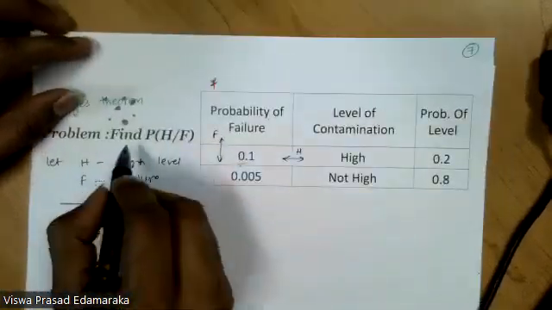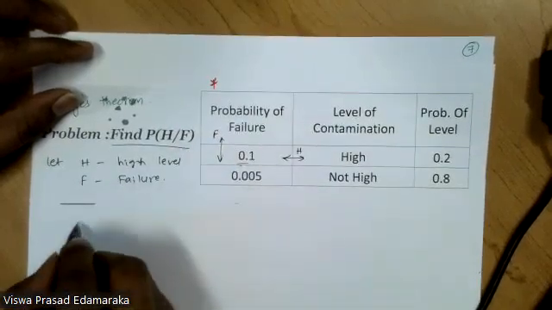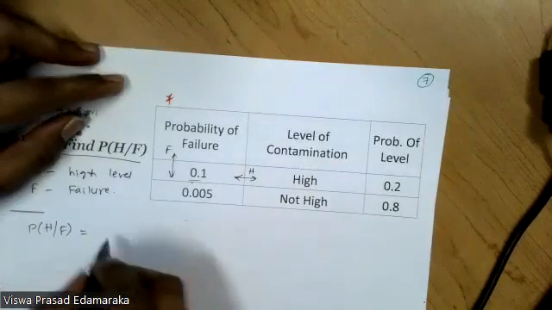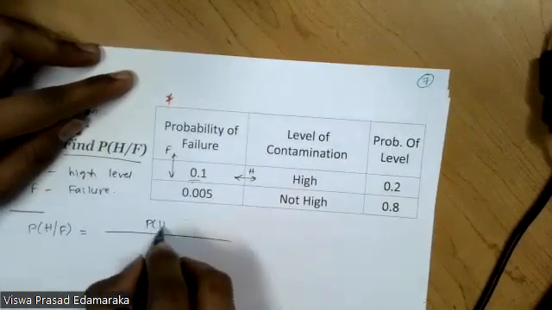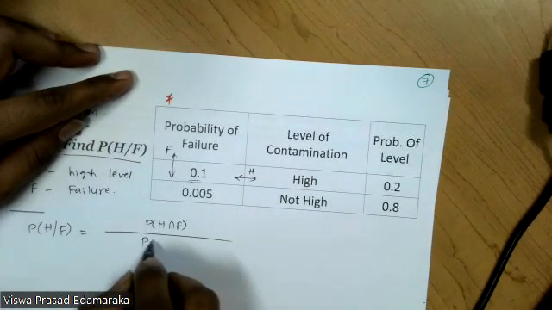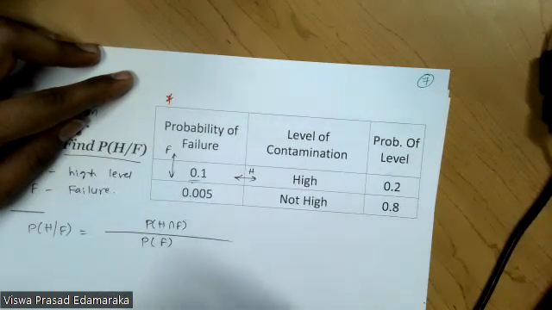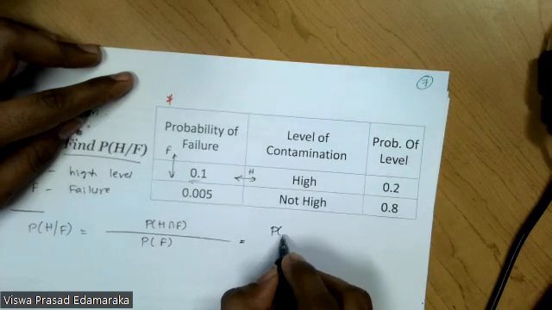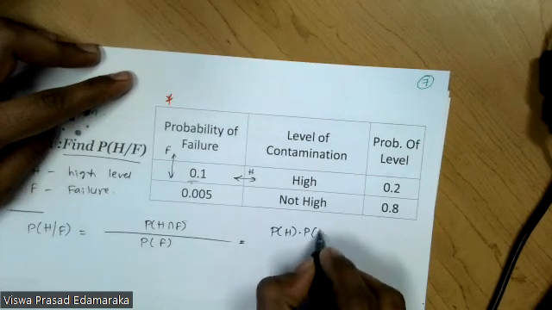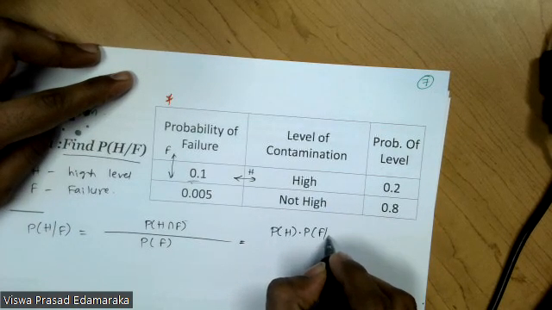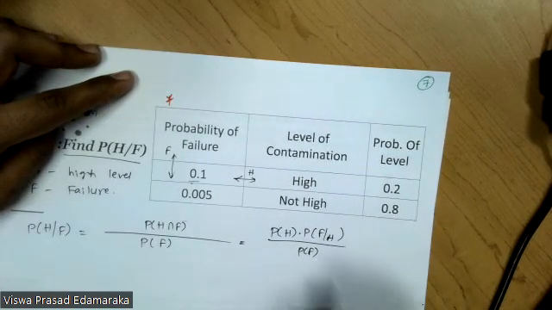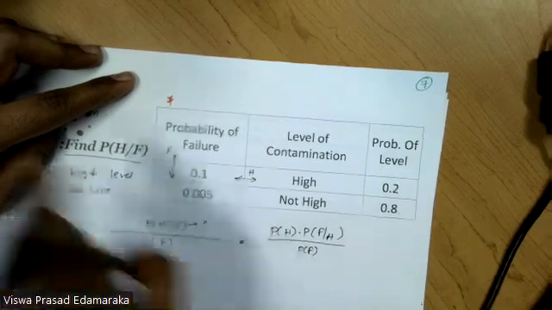What he wants us to find out is P of H given F. We know the formula: P of H intersection F over P of F, from conditional probability. That is P of H into P of F given H divided by P of F. This is from the multiplication rule, as I said earlier.